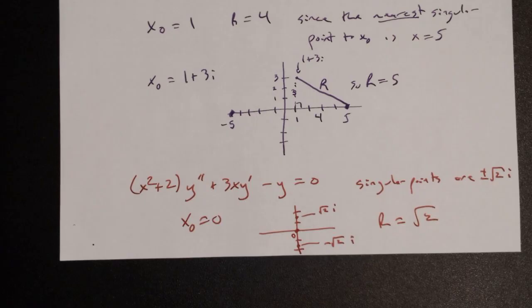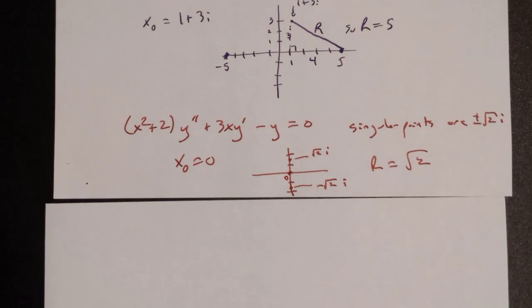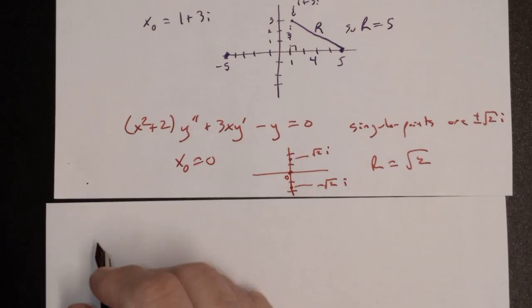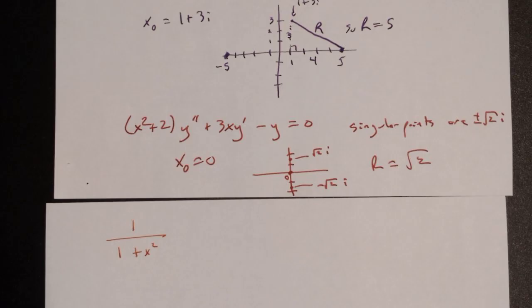You've seen this before. I'm going to go all the way back to Calc 2 to power series again, and I'm going to look at geometric series. Again, I'm going to ask the question, where is this singular?